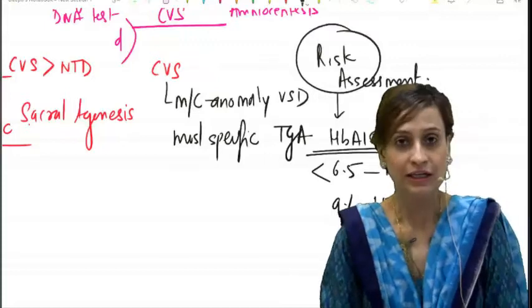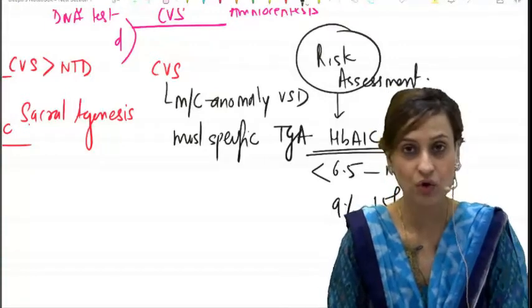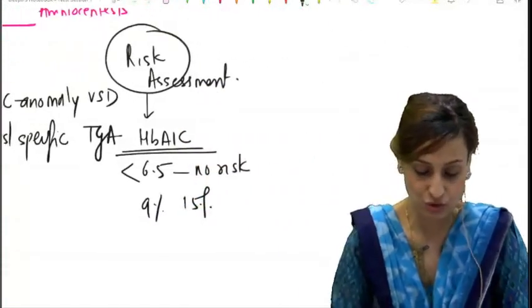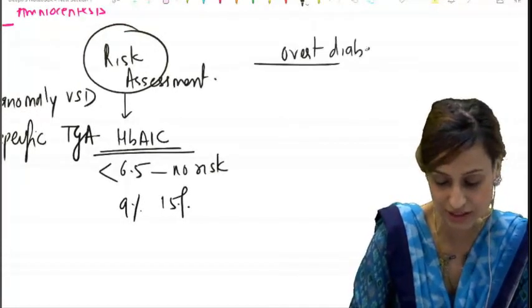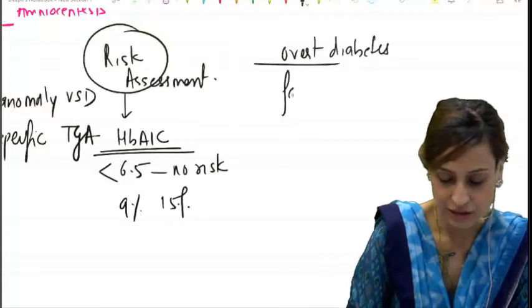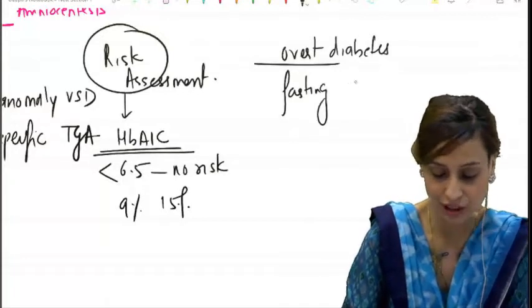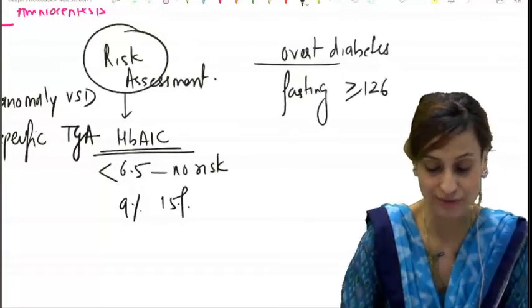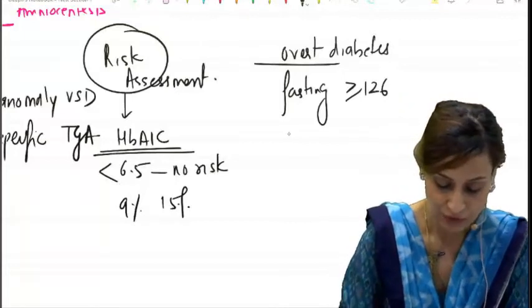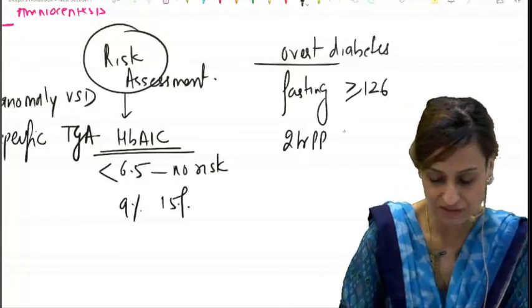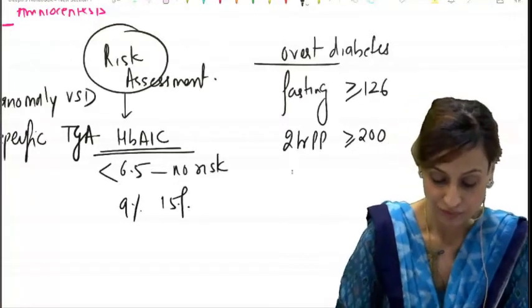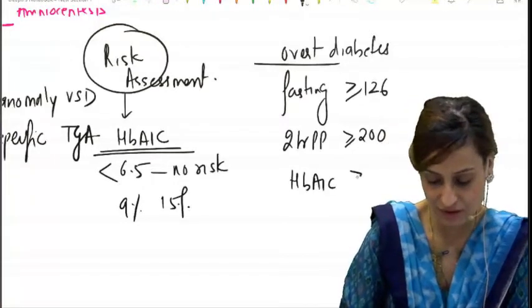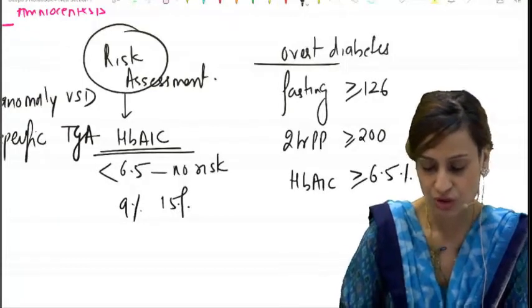Right? Now, since a lot of things are dependent on the type of diabetes, we should know what is overt. So in order to say that the woman has overt diabetes in pregnancy, either her fasting blood sugar should be more than or equal to 126 milligram per deciliter, or 2-hour PP value should be more than or equal to 200 milligram per deciliter, or we say HbA1c should be more than or equal to 6.5.